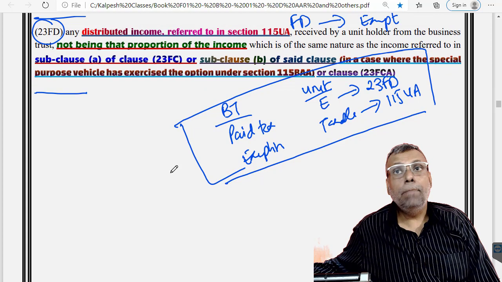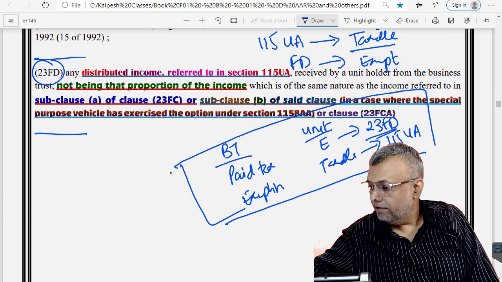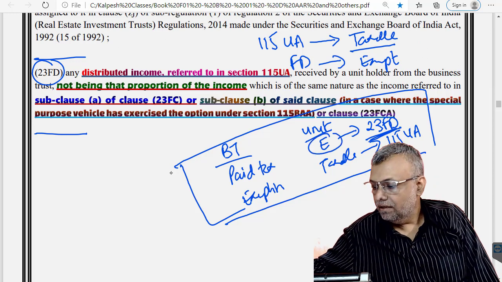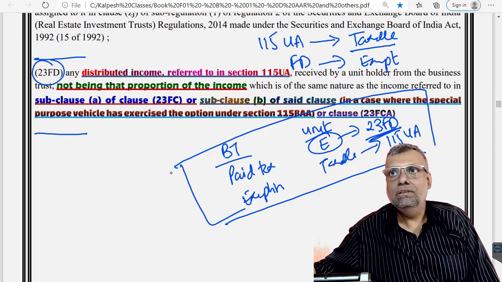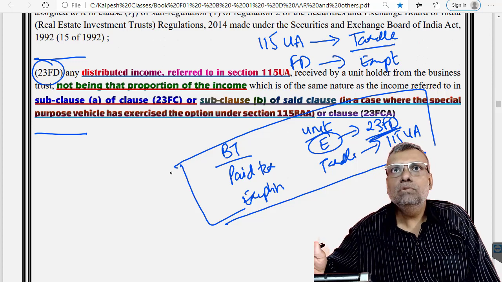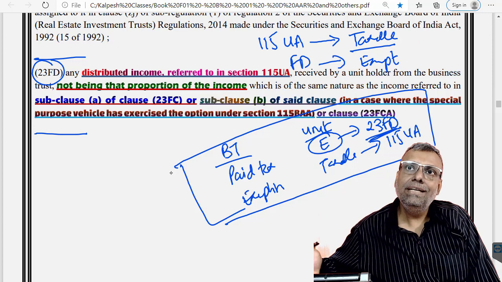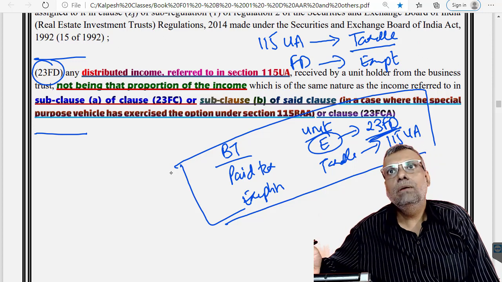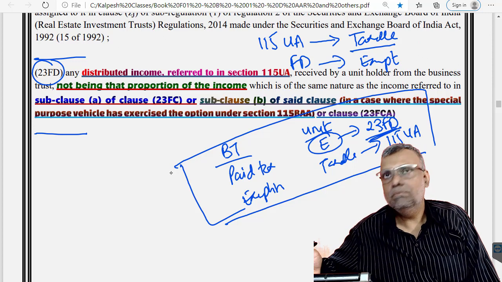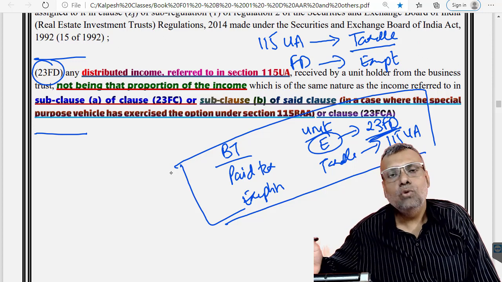Absolutely clear. But now this 10(23FD) provision is a little bit of a complication. Ideally it should give exemption with respect to all the incomes which are already taxable in the hands of the business trust. That way it should already be covered there.